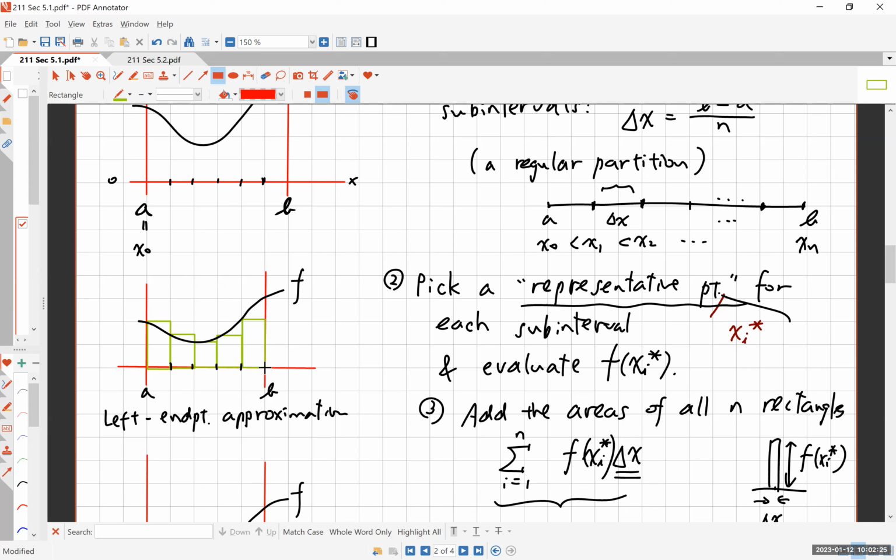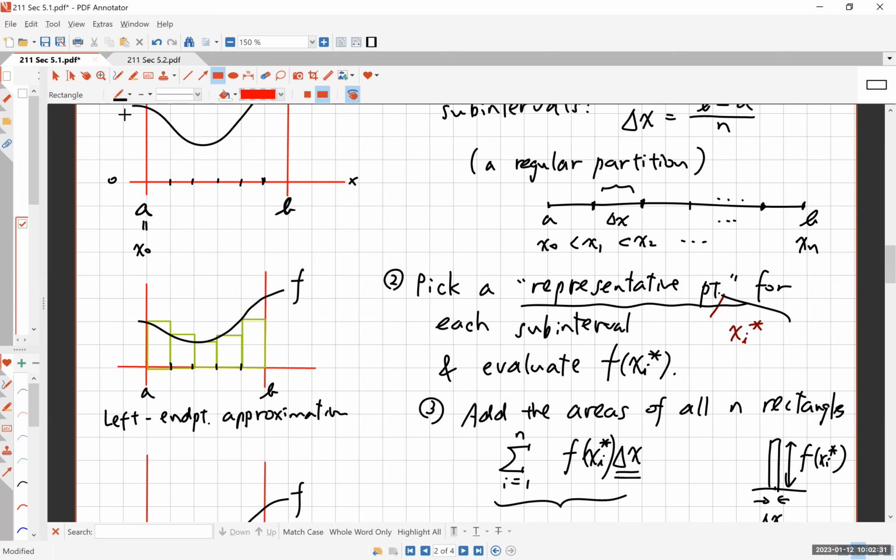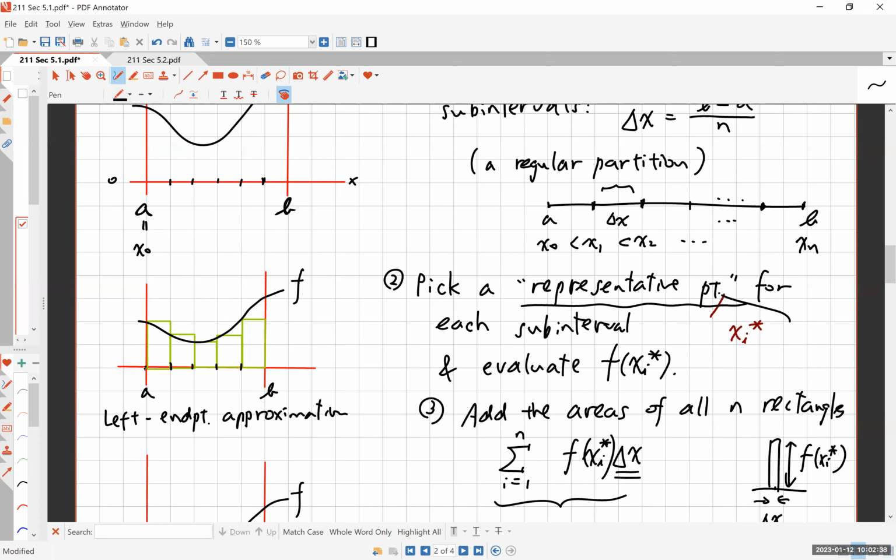So you can see those are the 5 rectangles where each of the 5 subintervals is represented by the function at the left endpoint. So this will be x1 star, x2 star, x3 star, x4 star, x5 star.